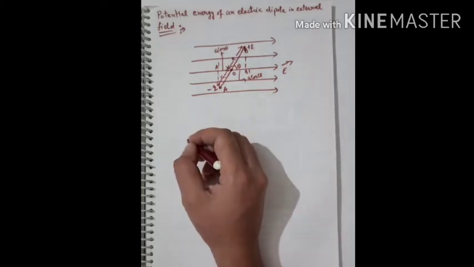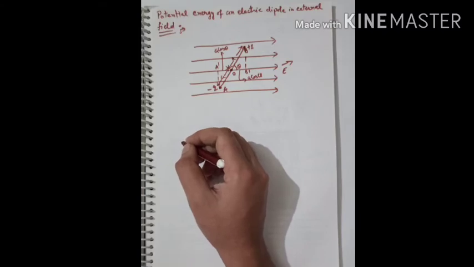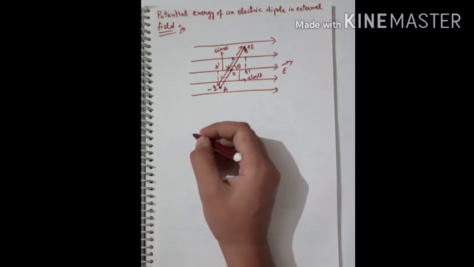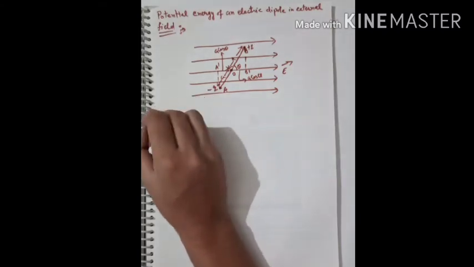To find the potential energy of the dipole in an external electric field, use this equation.